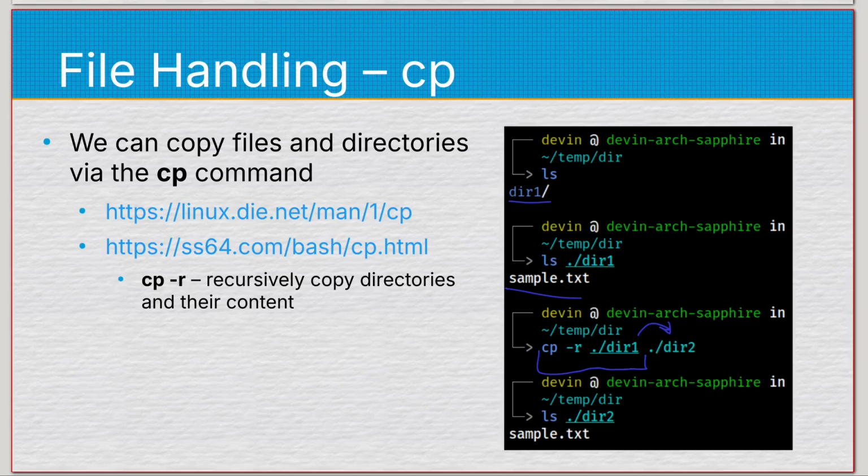So now these two would be siblings in the actual directory tree. So from my current directory, I would do ls ./dir2, just like I did right here, and you'll see it creates the same copy, but also has that exact same file. So now I have dir1 and dir2, which are identical copies of each other.